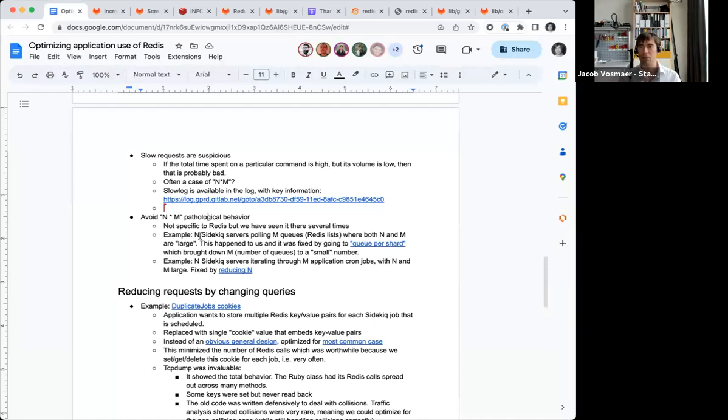The blocking pop commands were slow because they were doing work proportional to hundreds of queues, and hundreds of Sidekiq servers were doing those slow blocking pops. So that was blowing up the problem, this multiplicative effect.